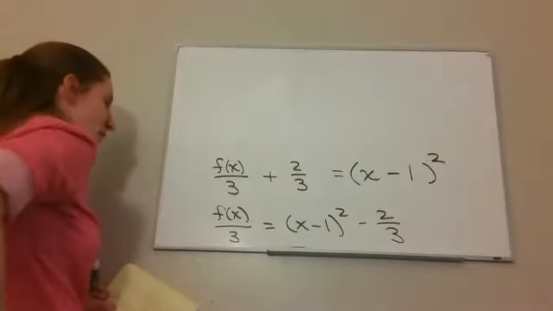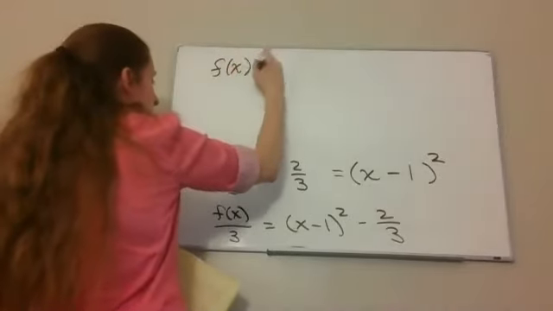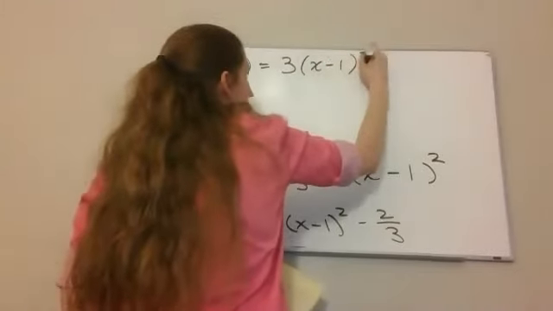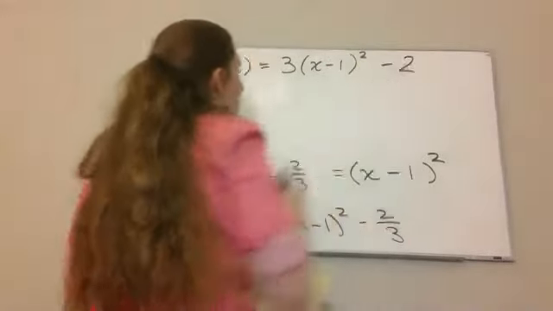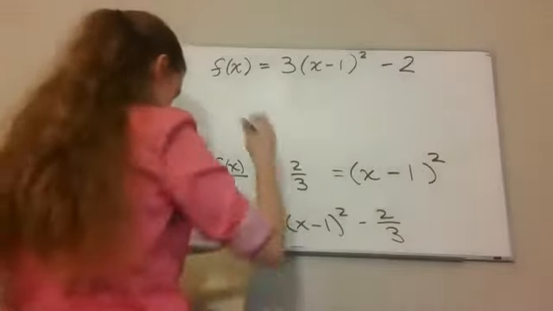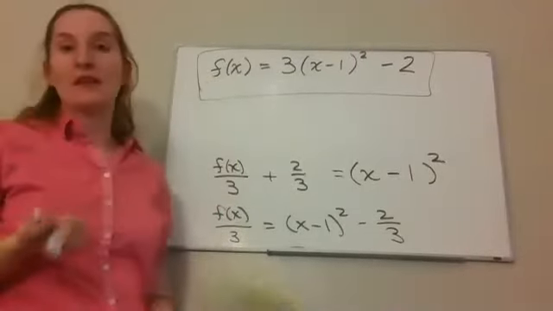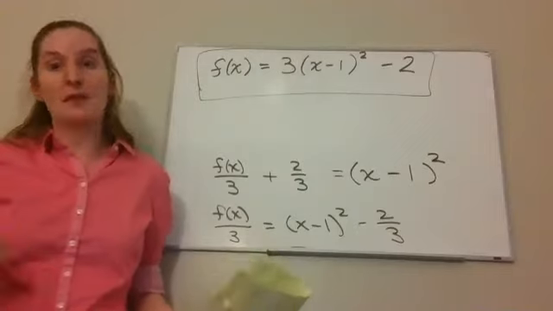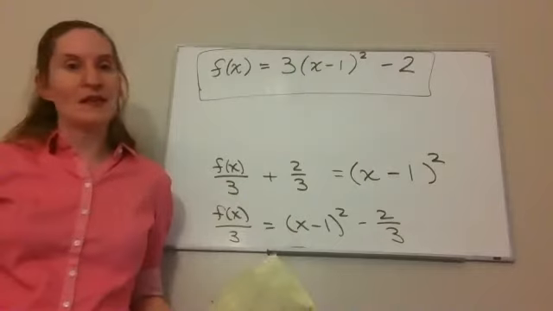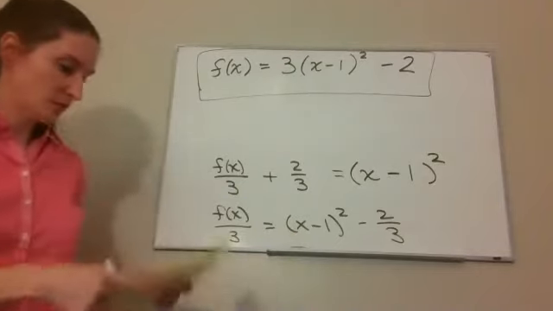And so when I multiply everything by 3, I get f(x) = 3(x - 1)² - 2. And now we have vertex form. So that completing the square procedure from last time does come in handy because it allows us to write this in vertex form, which then makes it very easy to see the vertex and to graph the function.